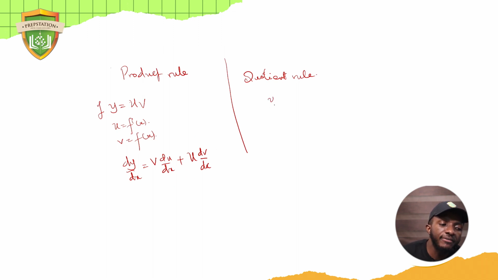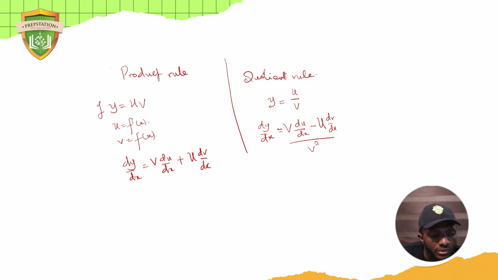Now, what if we have two functions dividing each other, as in y equals u over v? There is a rule that says if we differentiate y, we have v du dx minus u dv dx, over v squared.